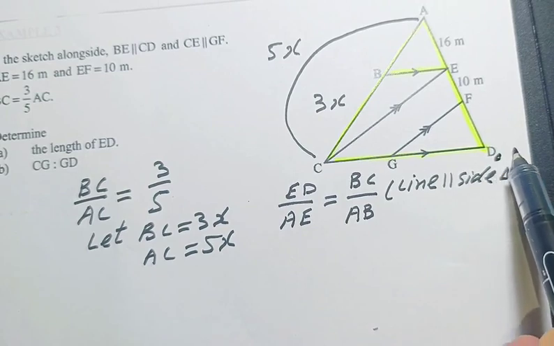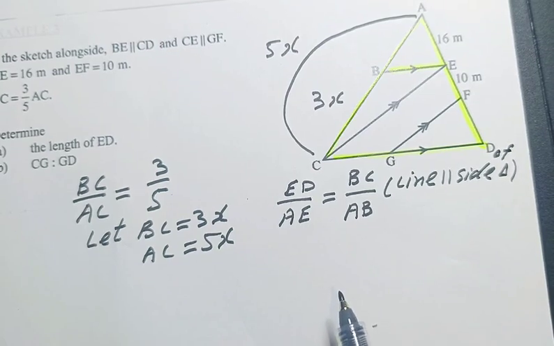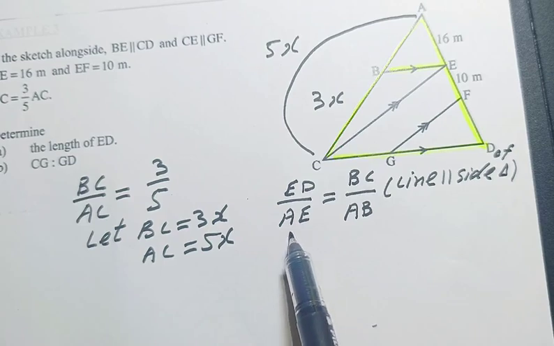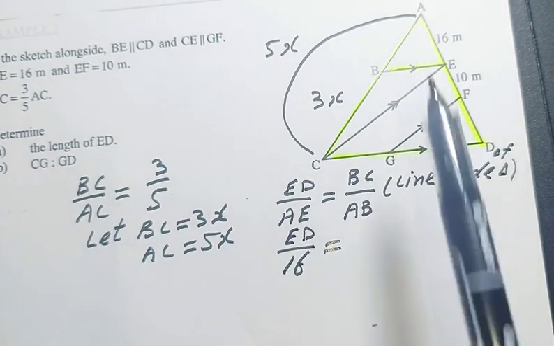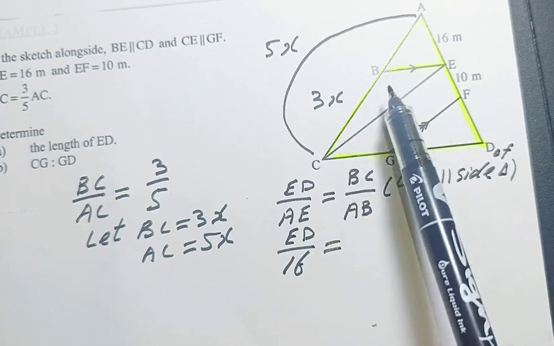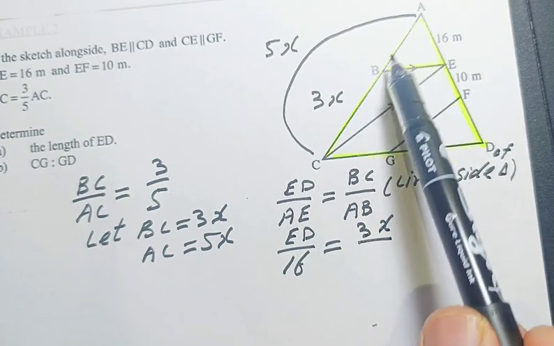Now I'm going to substitute the values. ED I need to find out, ED I don't know. AE I do know, 16. BC we got 3x, and now AB we need.